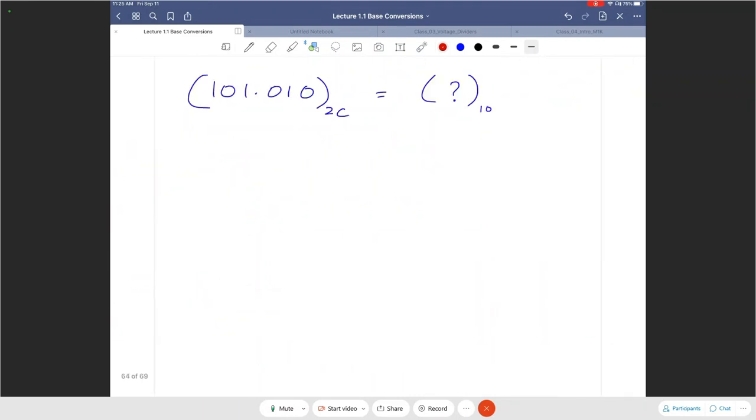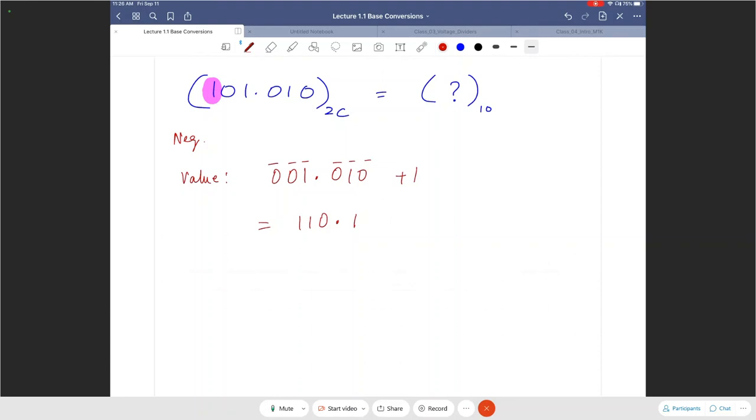Let's do that. This guy is a 1. So I know it's a negative number. I need to find the value. What is going to be the value? Well, take 0, 0, 1, 0, 1, 0, flip all the bits, add 1 to it. What do I have? 1, 1, 0, 1, hold on, wait a second.